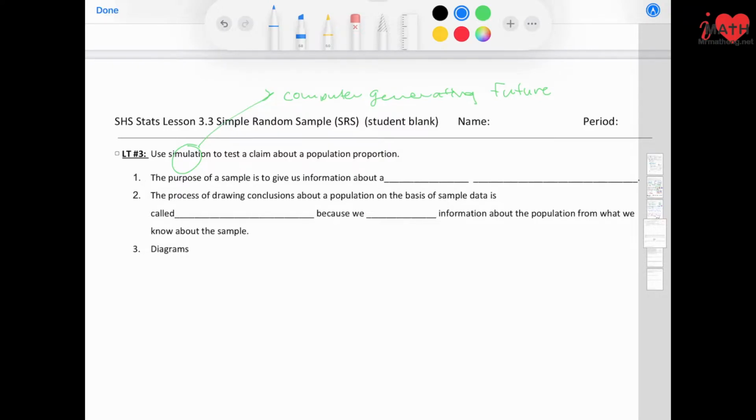The purpose of a sample is to give us information about a larger population. Right? Let's just say everyone who's being tested today in Orange County for COVID-19, that's a small sample because that's not everybody, and it tells us the whole picture.